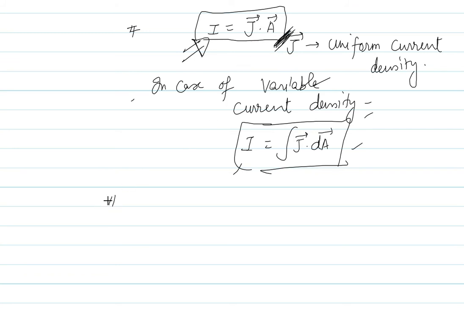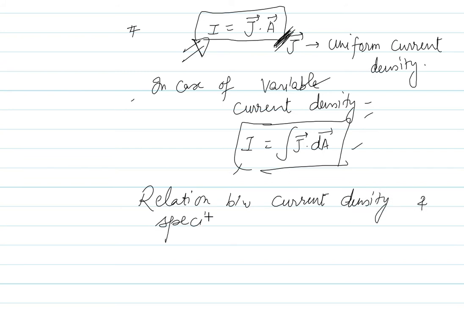So let me give one important relation. Board generally asks about this relation, and you can consider it as a fresh topic. I am right now mentioning the relation between current density and specific resistance.